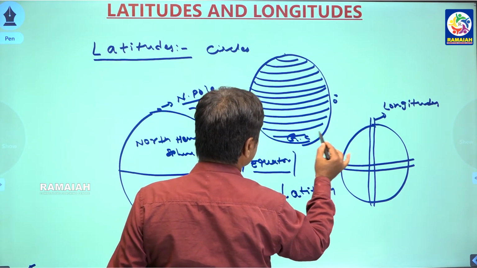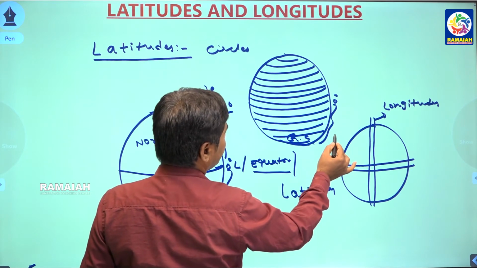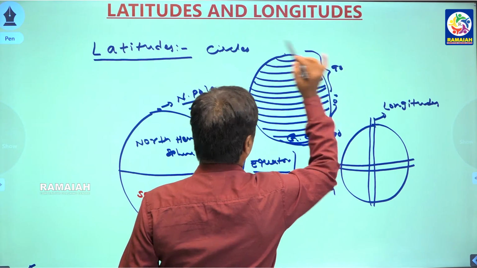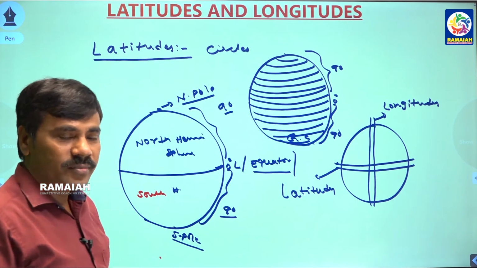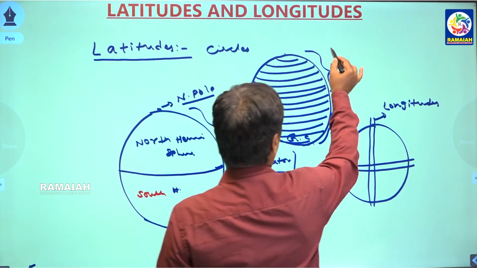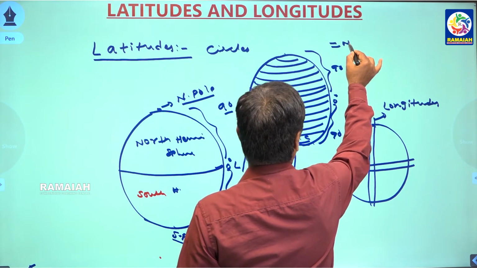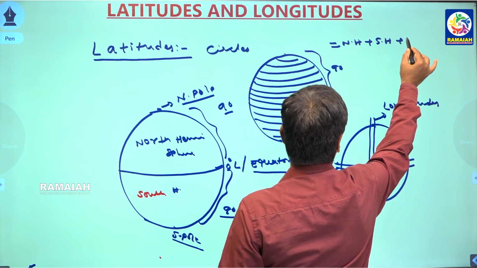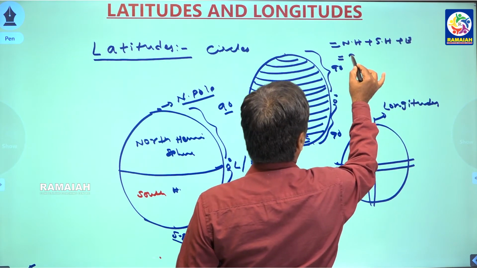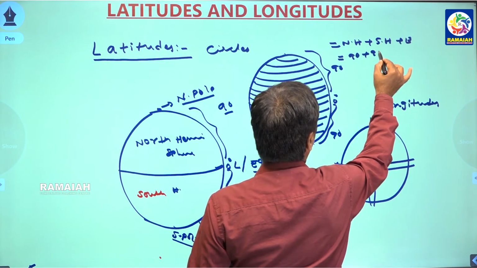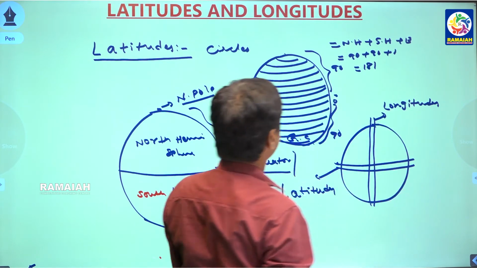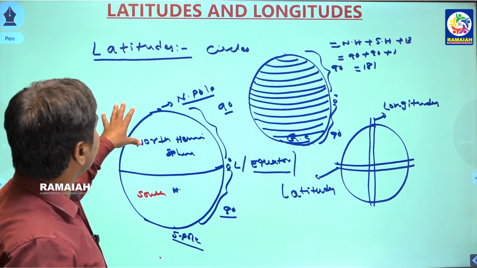So these are the 90 latitudes, and these are the 90 latitudes. What is the total number of latitudes on Earth's surface? Northern hemisphere plus southern hemisphere plus the equator: 90 plus 90 plus 1 is equal to 181. This is about the latitudes on Earth's surface.